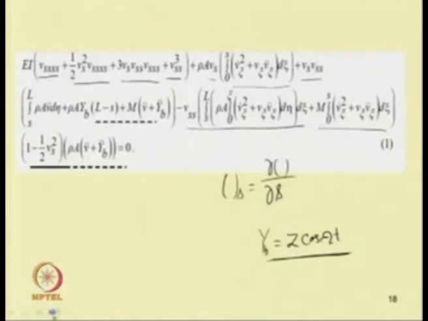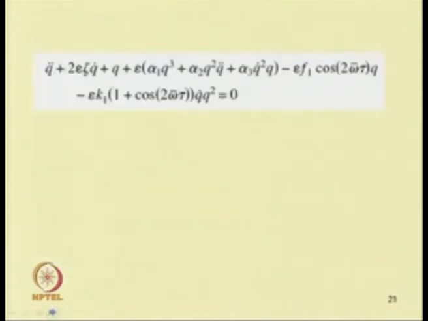In this principle, one can take V as a function of a scaling factor R into psi_i(s) and q_i(t), where i equals 1 to n.